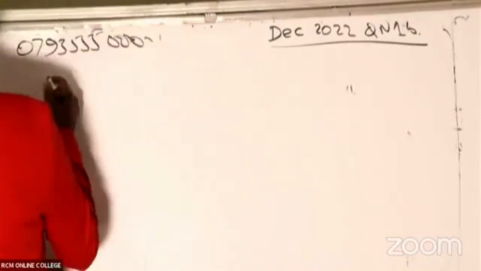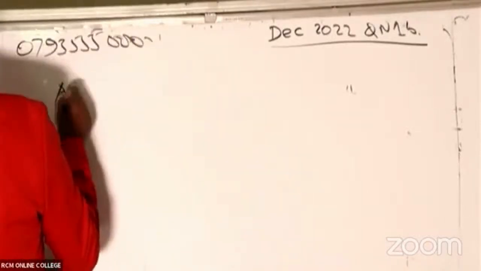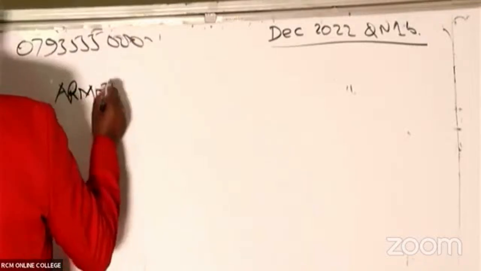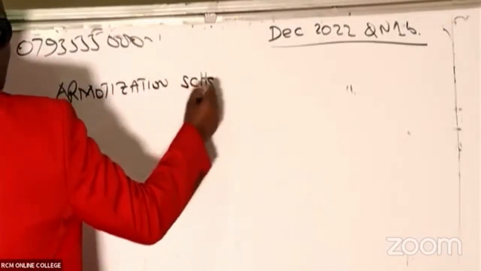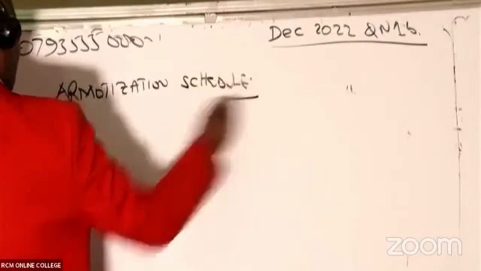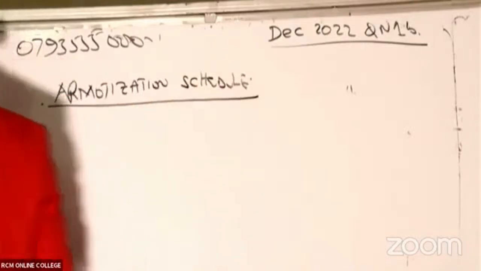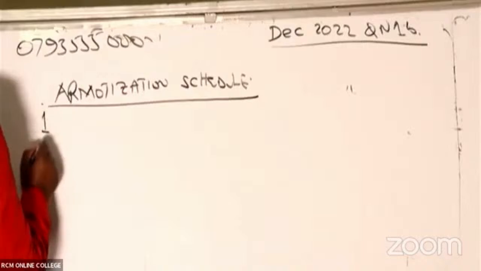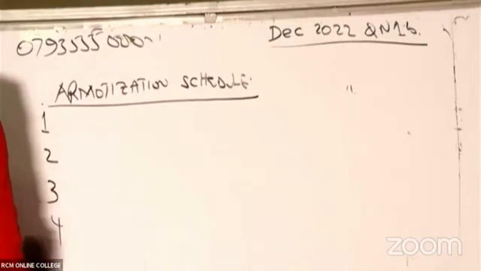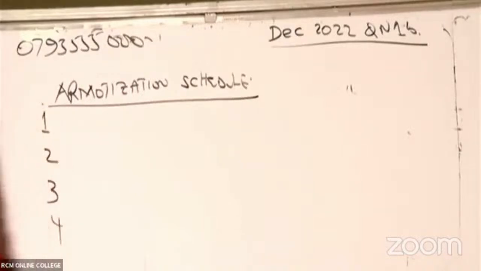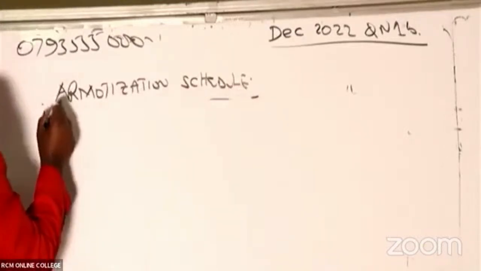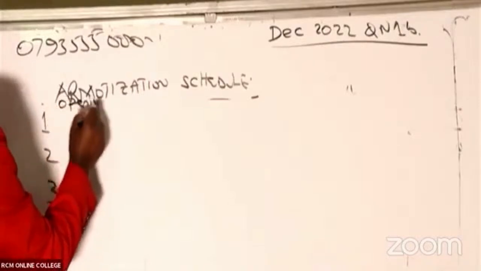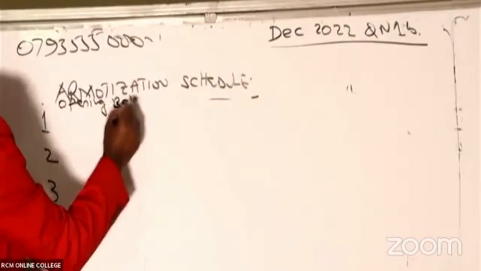So we have here the amortization schedule, with year number 1, 2, 3, 4. We have the opening balance.